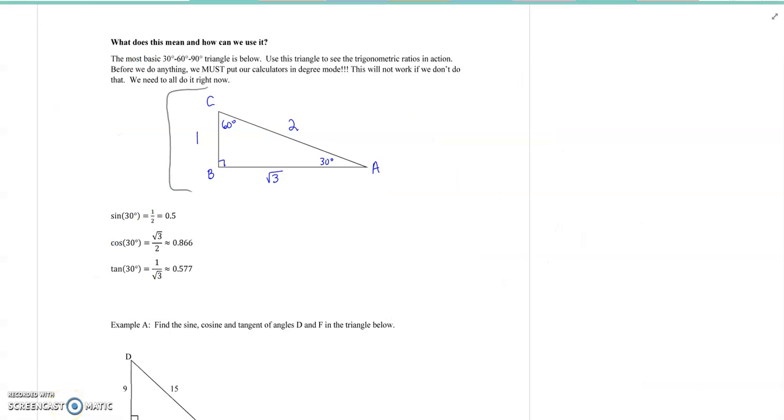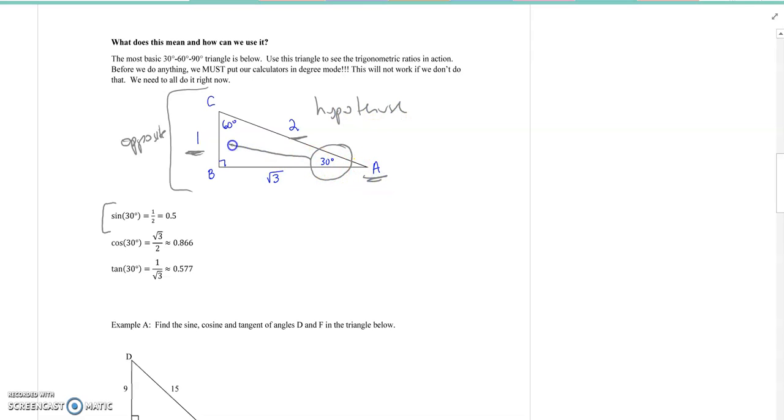Now we're going to actually use our calculator and enter in the sine of 30. If you look at the picture, here's our 30 degrees, and we know that the sine is equal to the opposite over the hypotenuse. This is our opposite. This is our hypotenuse. Because remember, angle A, in this case, is 30 degrees.